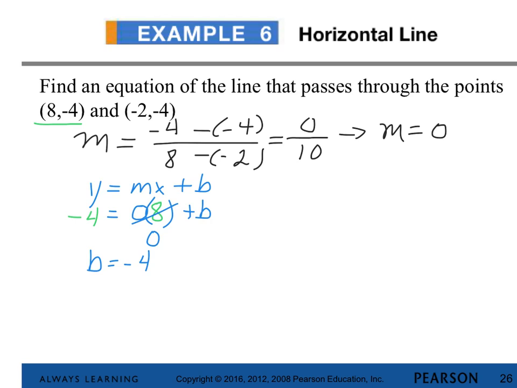And therefore, the equation of our line is y equals 0 times x minus 4, which is the same thing as y equals -4, which is a horizontal line.